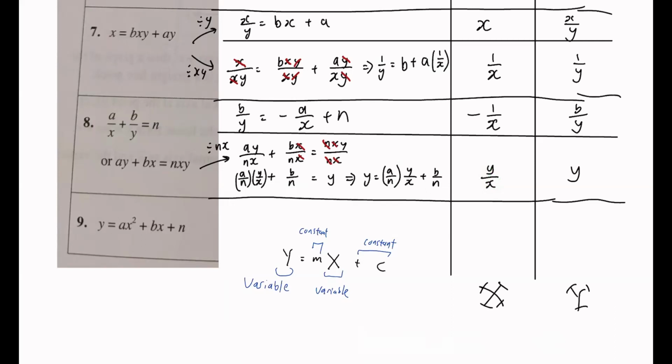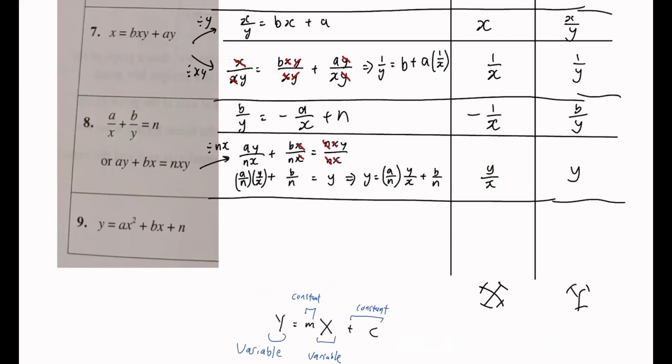Okay, next one. Y equals ax squared plus bx plus n. Okay, quadratic equation, right? How do you make it into a linear form? You look at the equation, must have two terms on the right side, one term on the left side. One term on the left side must always be a variable.